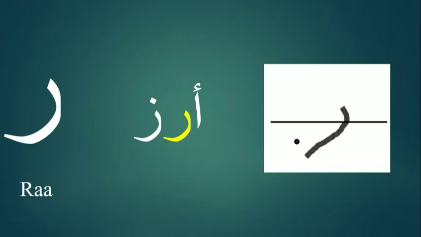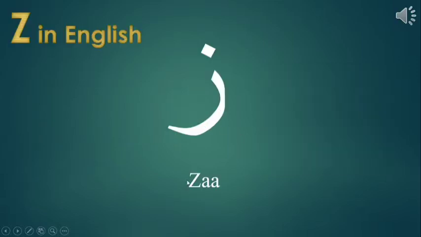Okay, the next is similar to this letter, but we put a dot above it. We will see it. Zal. It's like they or z in English.